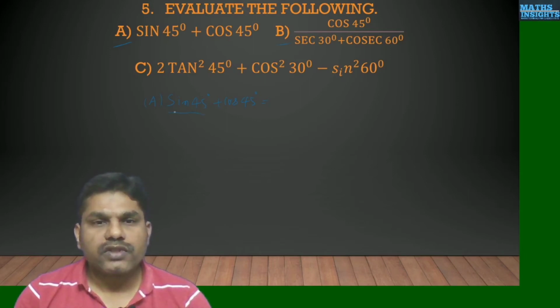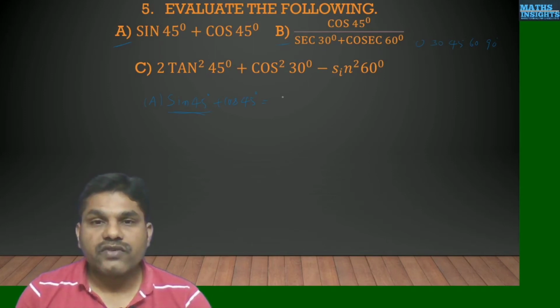So you have to immediately say what is the value of sin 45. If you remember that 0, 1 by 2, 1 by root 2, root 3 by 2, 1, so for the angles 0, 30, 45, 60 and 90. These are the specific angles you have taken. These are the basic angles also.